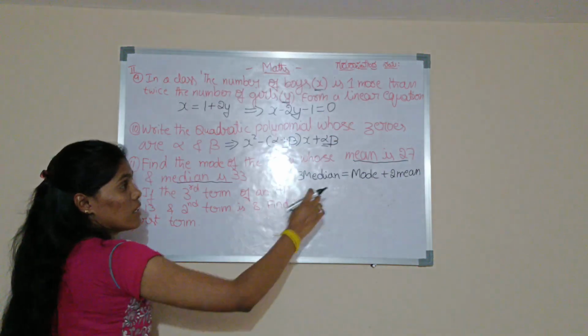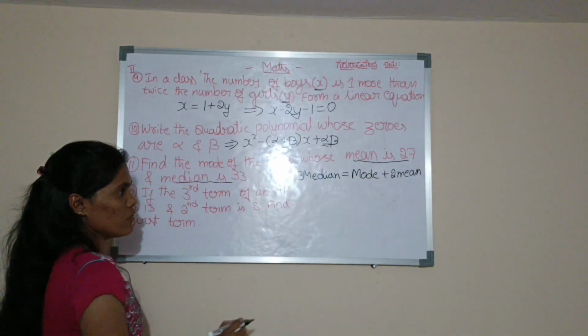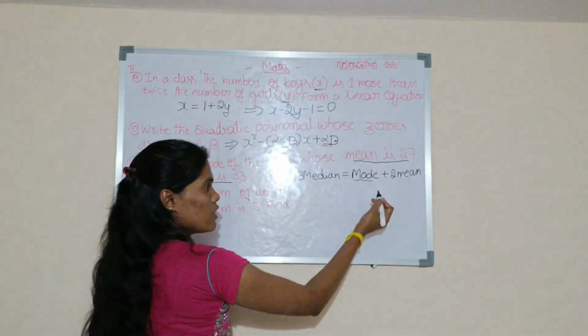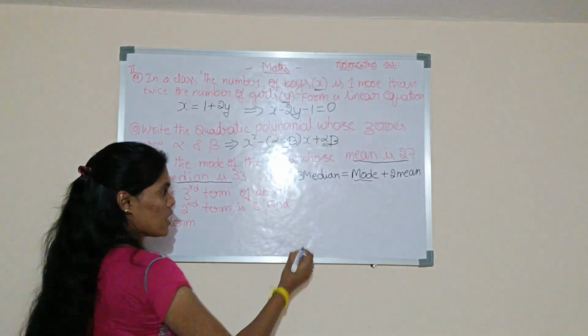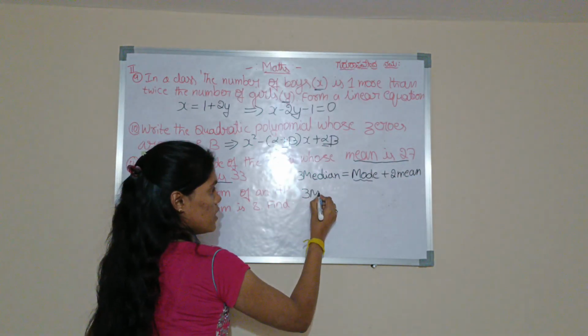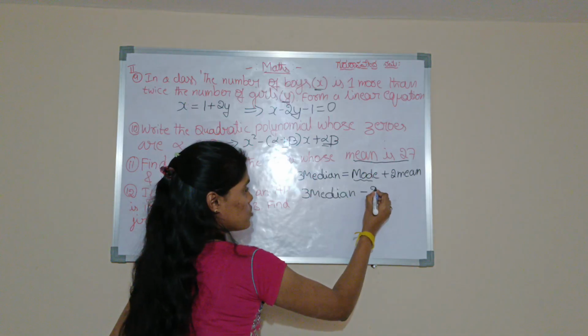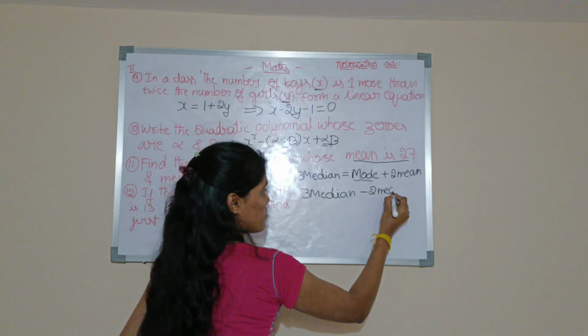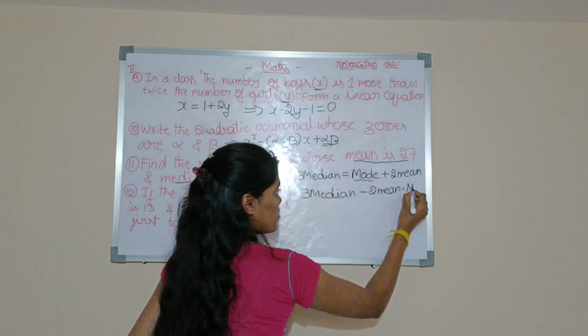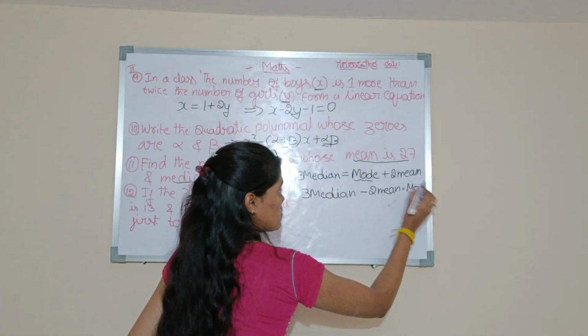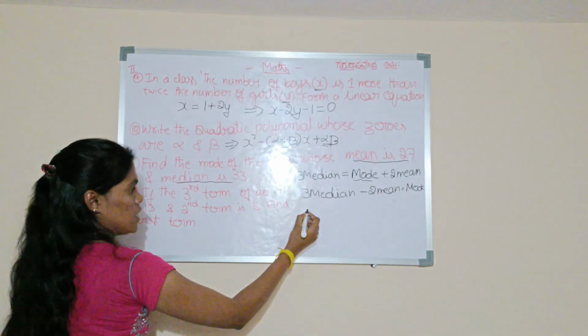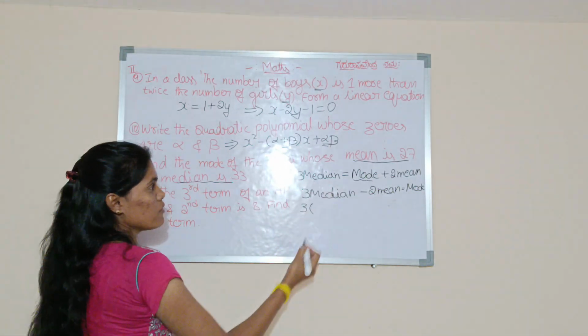They have given here the mean and median. We have to find out the mode. Keep mode here only, take mean this side, that is 3 median minus 2 mean is equal to mode. Now 3 into median, what they given?